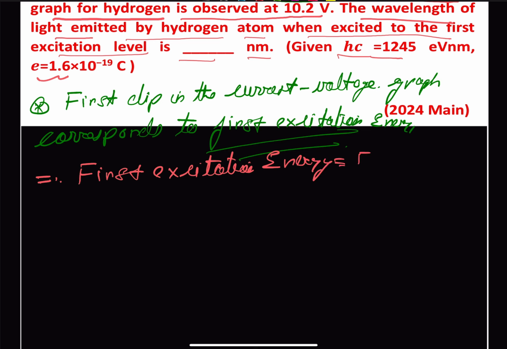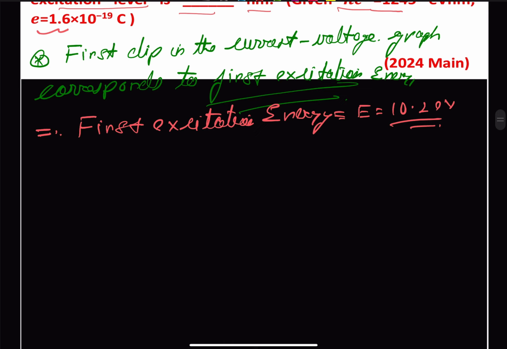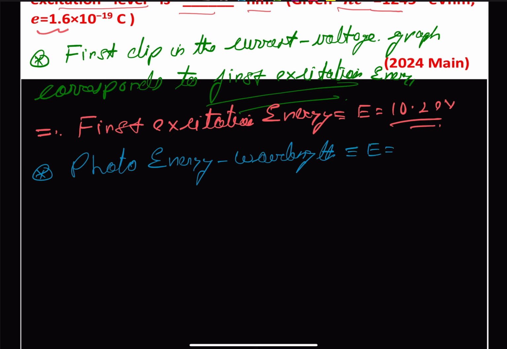that is our E, is given to us as 10.2 electron volt, and we can use our photon energy wavelength relationship, that is going to give us answer directly. So we can say photon energy wavelength relation tells us that our E is equal to Hc upon lambda.